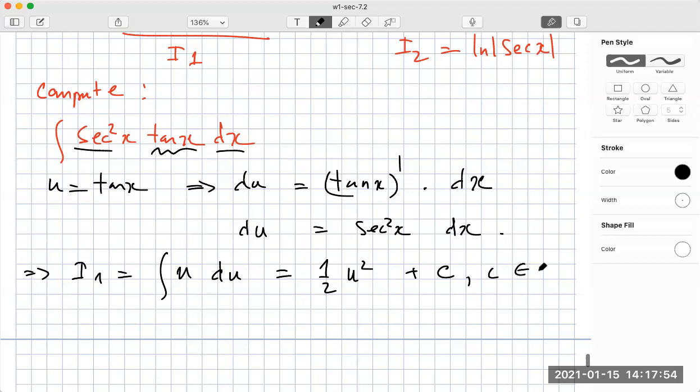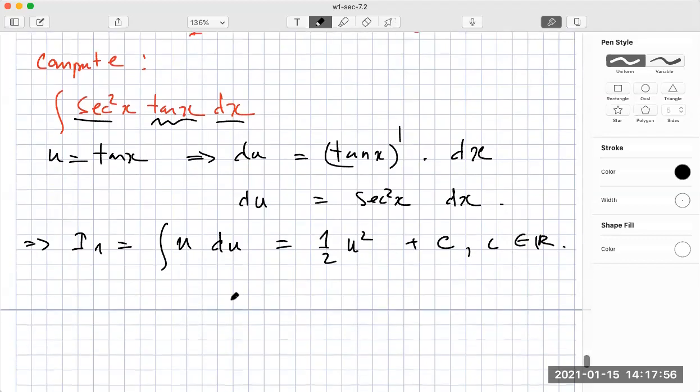Where c is in R. So we're computing this in terms of x. Let us write everything in terms of x. It is 1/2 of tan x squared plus c, where c is in R. Okay, we found I1.